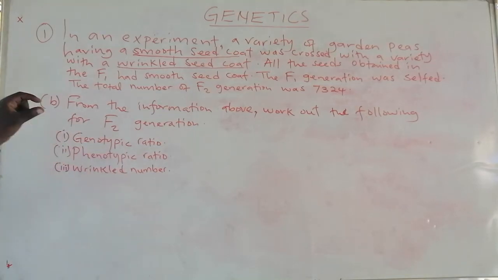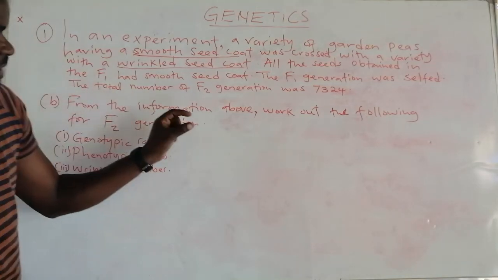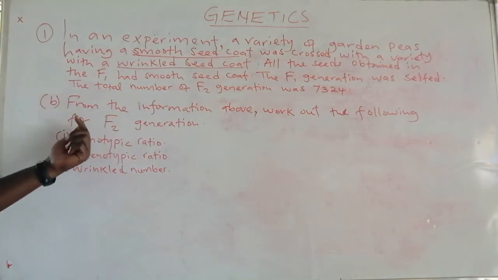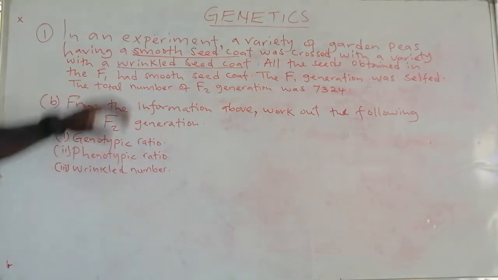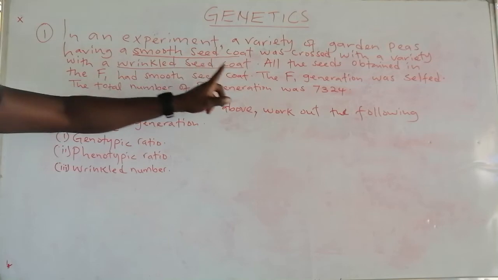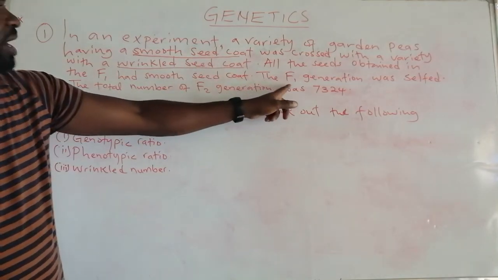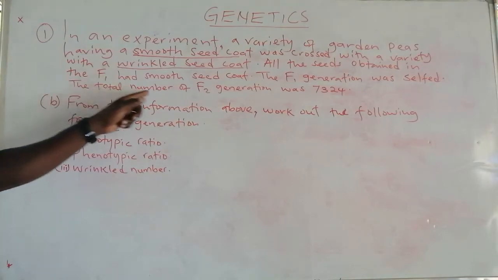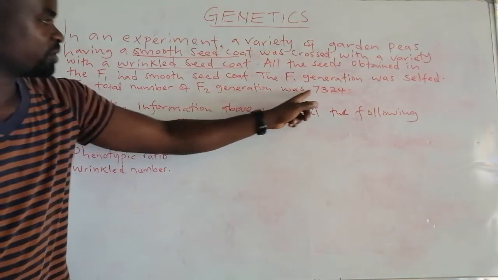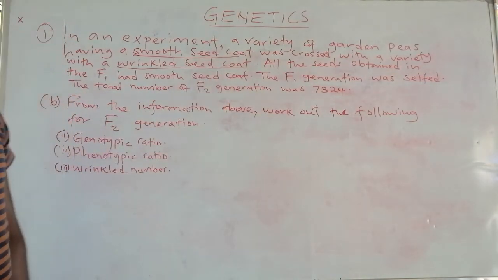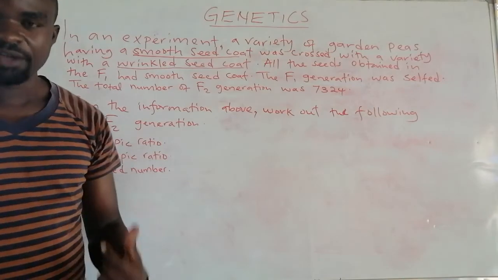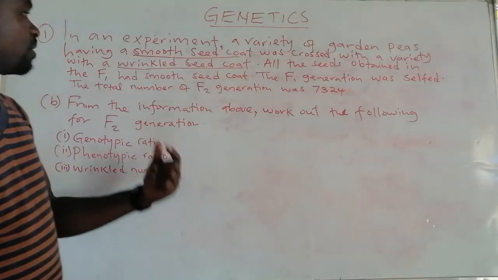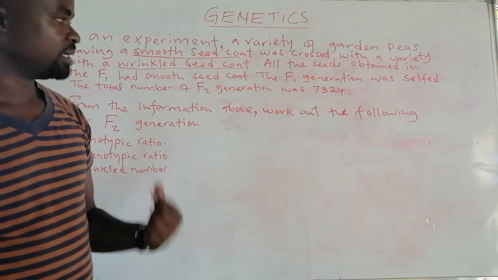From the main question, you were told that the F1 generation was selfed, and the total number of F2 generation was 7,324. That means whenever you self F1 generation, you will obtain F2 generation.